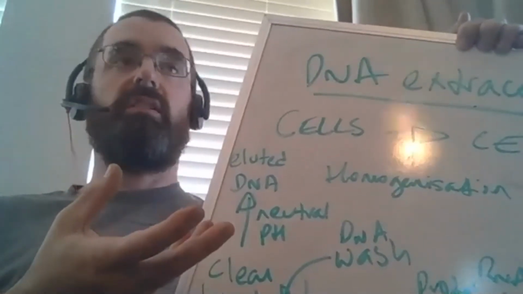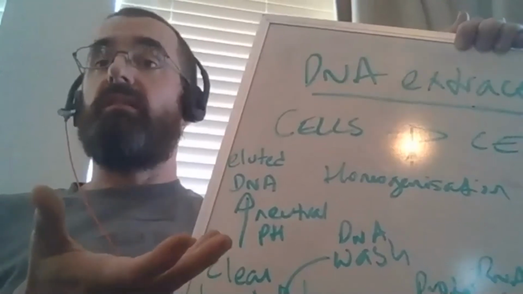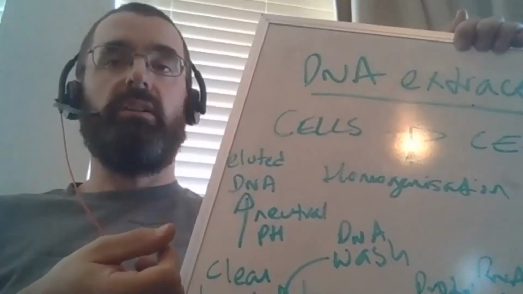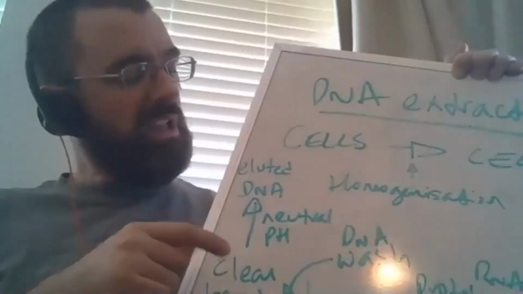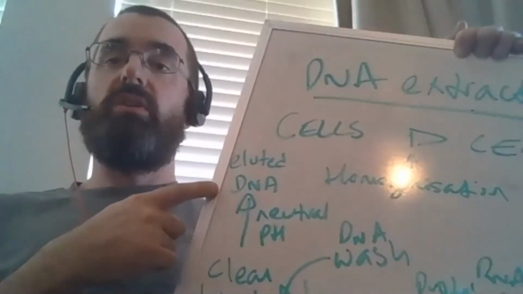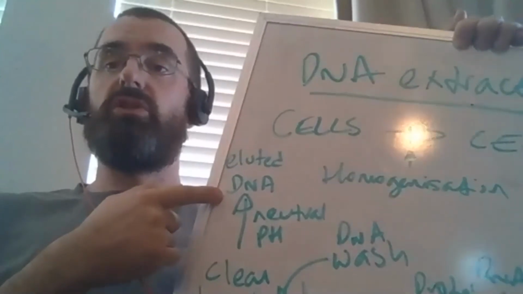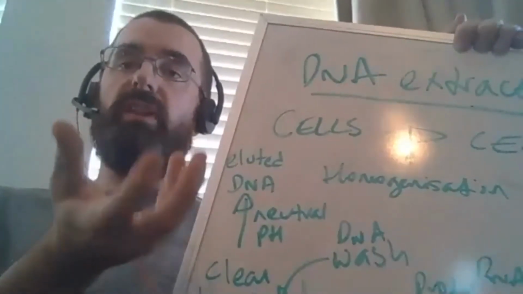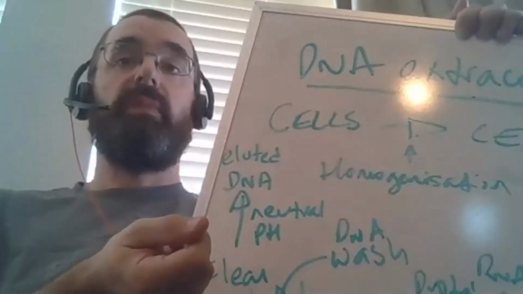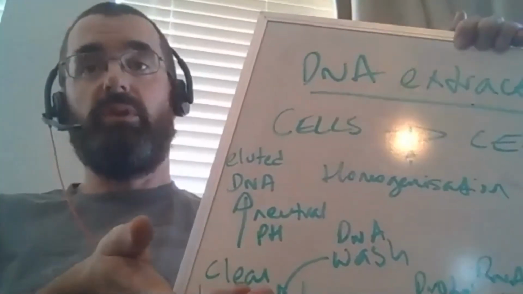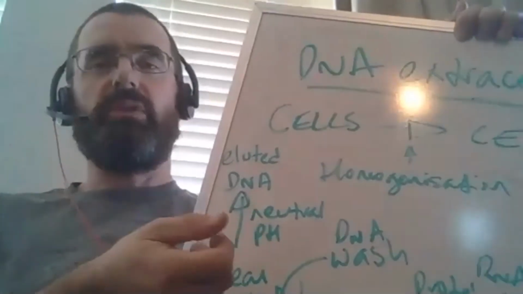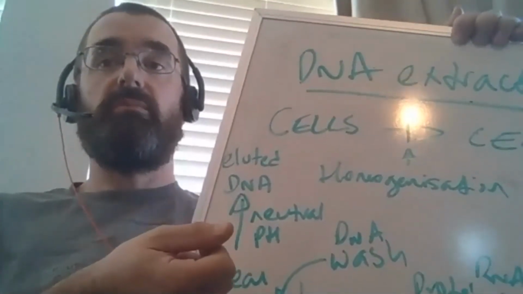That changes the ionic state essentially of the, I'm not sure if it's of the DNA or the silica, I don't actually know. But either way, that DNA then goes into suspension, into the solution, and it ends up at the bottom of that collecting tube. And then you have your DNA. Well, actually, then you put it on ice before it degrades. You stick it in the freezer or in the fridge.